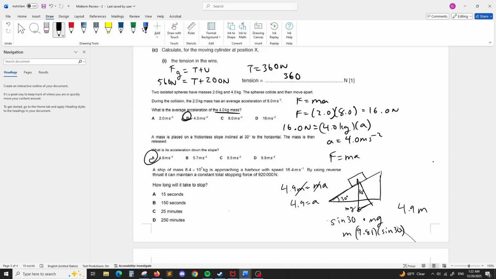Well, so we know that force is equal to mass times acceleration, right? If we look here, they give us the force, which is 920,000 newtons, equal to the mass, 8.4 times 10 to the 7th kg, multiplied by the acceleration.